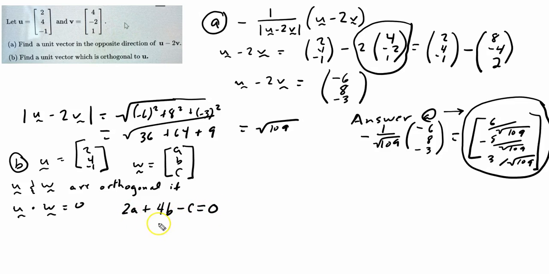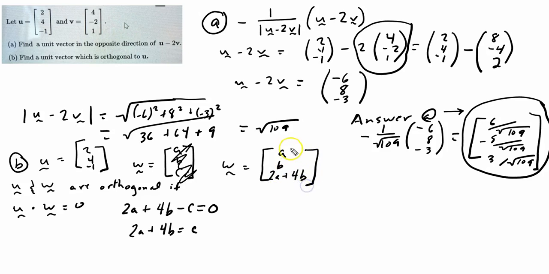So I'm going to add C to both sides. So I can refine W now. Instead of C, I can have 2A plus 4B. So I'm free to choose the A and the B. So suppose I let A be 1 and B be 2.